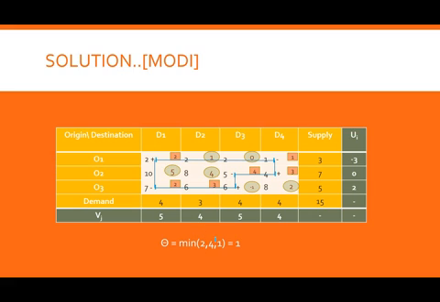The minimum of the 3 will be my new theta value. So my new theta value is 1. Okay. So here I have a plus theta. So 2 plus 1 becomes 3. So this position becomes 3. Here 1 will be subtracted. So this will become 1. So I get 3, 1.